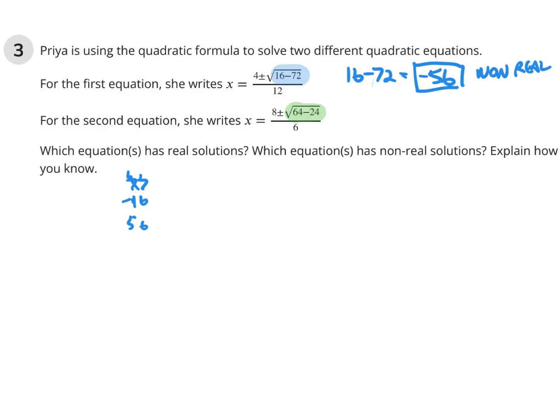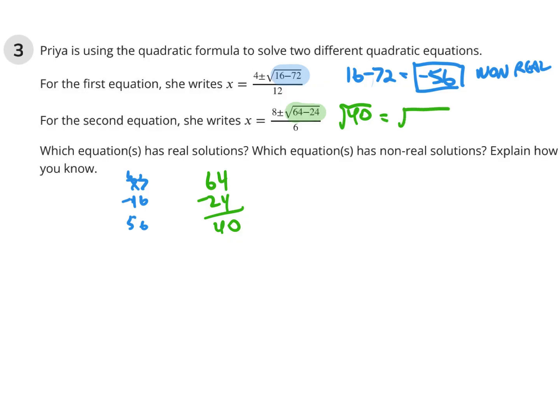Now, looking at the next one. 64 minus 24 is 40. This is a positive number, and it's not a perfect square. Let's simplify the radical while we're here.